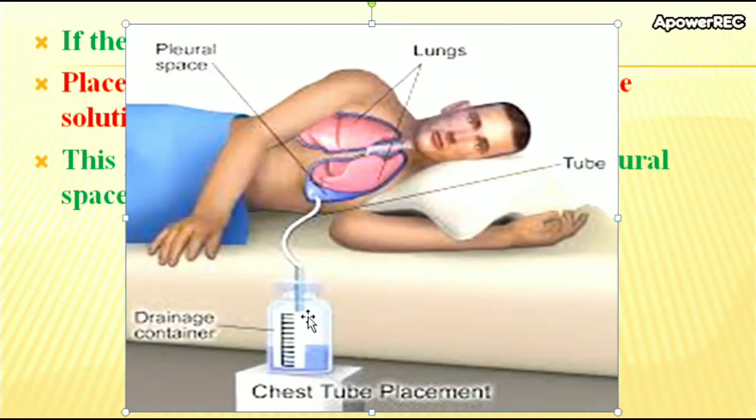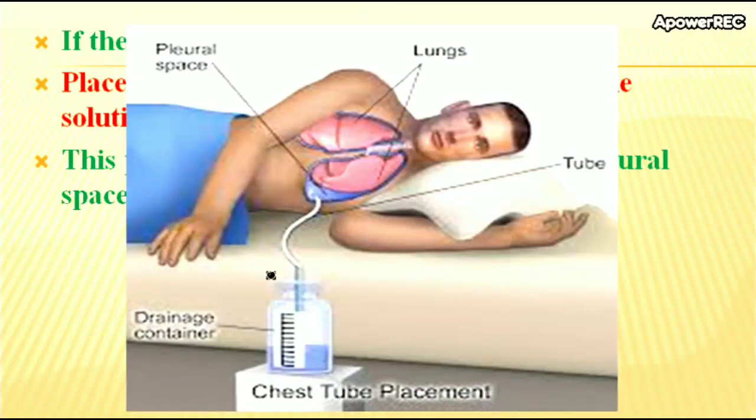You can see when this connector is dislodged, you have to place the tip end of the chest tube in a sterile water solution to prevent air entering the pleural space. That is the immediate management of a chest tube disconnection.